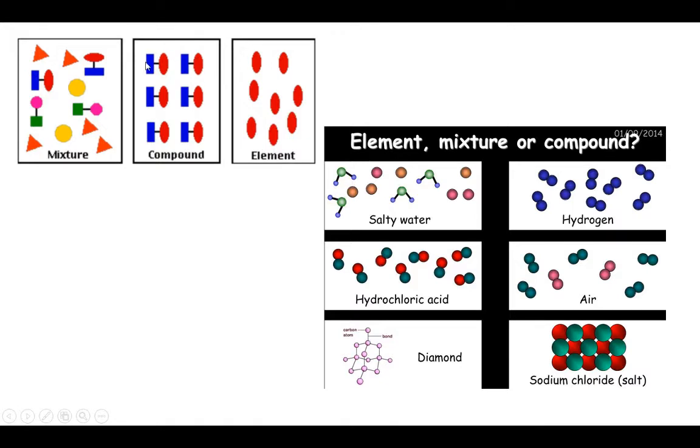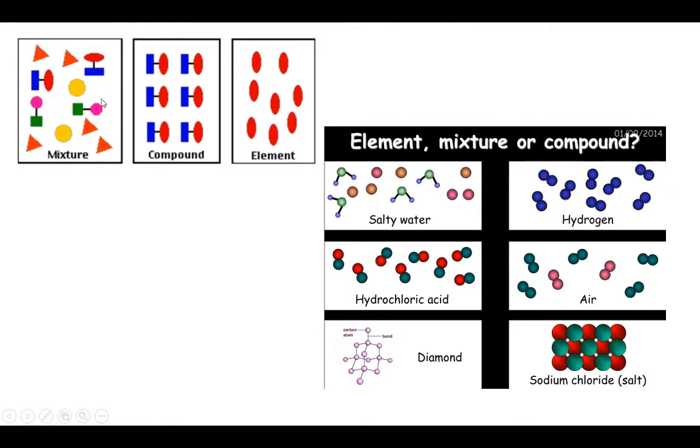So this middle picture over here is showing two different things bonded together. So hydrochloric acid would be an example of a compound. We've got two different things bonded together here. A mixture is lots of different things together, but they're not all chemically bonded together.